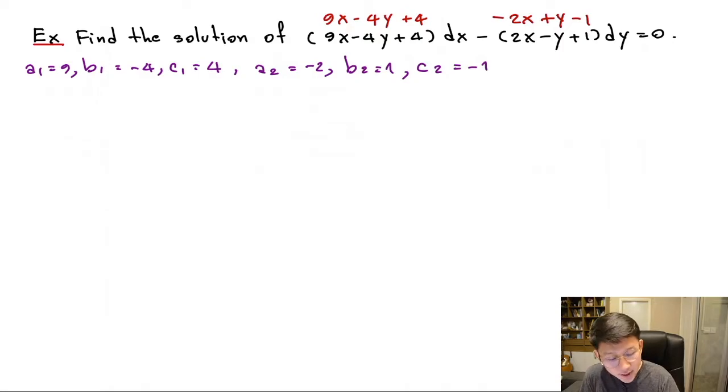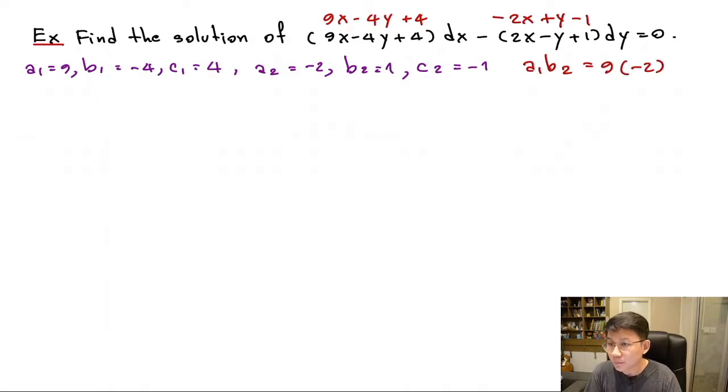So in this case, we have that a1 b2 is what? Is 9 times minus 2, which is minus 18. And a2 b1 is what?